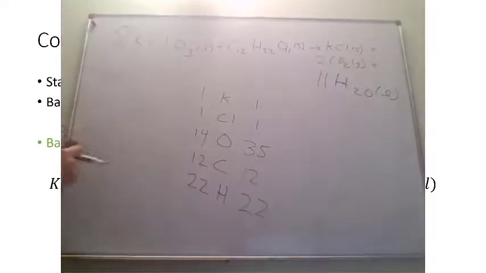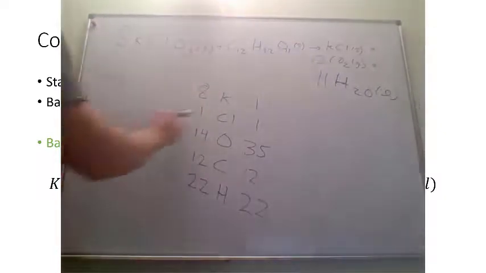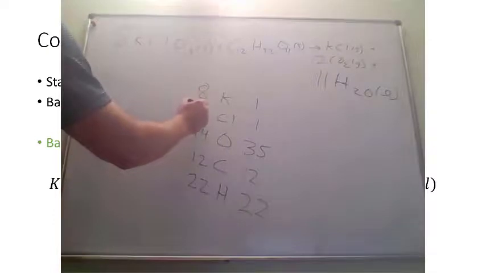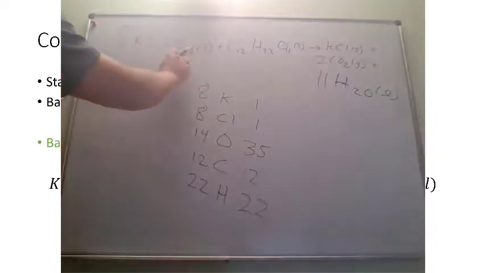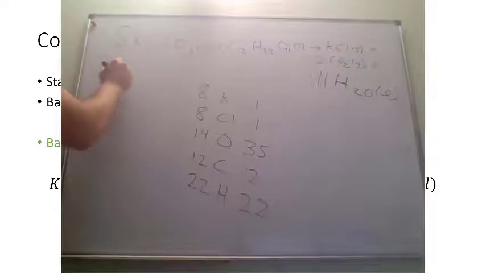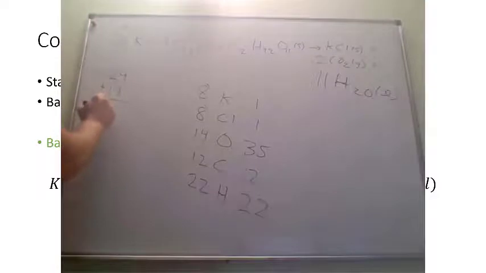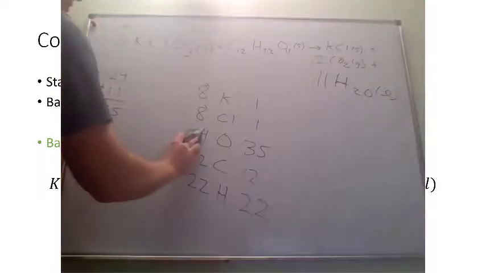So if we do that now, we have 8 potassium, we have 8 chlorine, so 8 times 3 gives us 24, plus 11 gives us 35 oxygens.